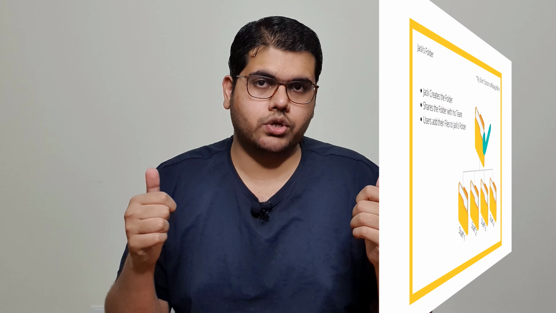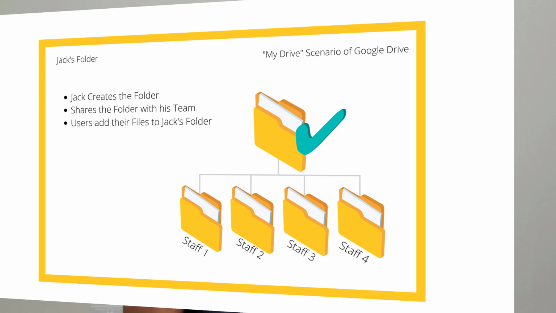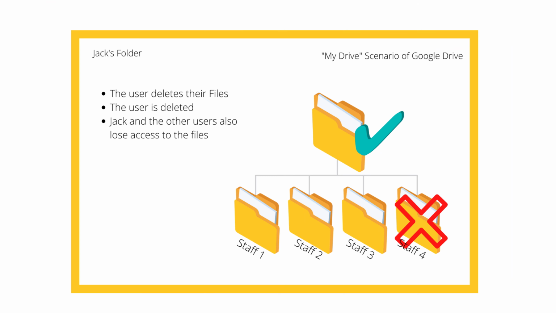No. The reason is, whenever Jack and his team members are storing documents in that folder, the files and documents they upload are under their ownership. Now, consider one of the team members plans to quit the company and his license has been recycled, wherein the user has been deleted.